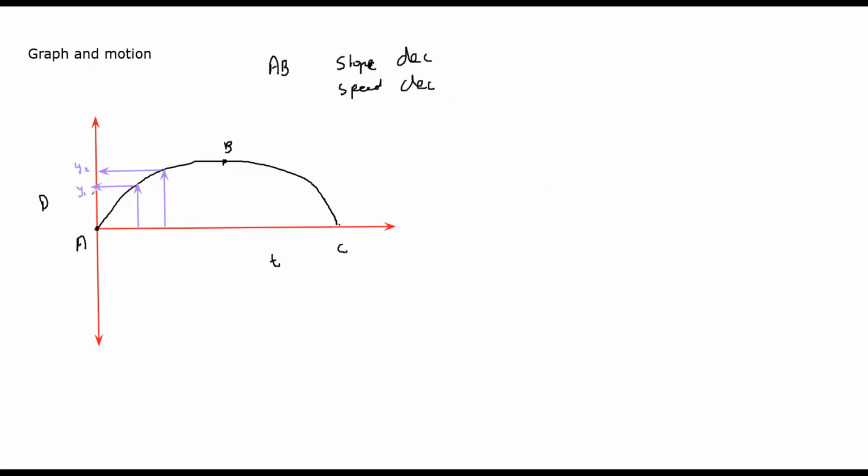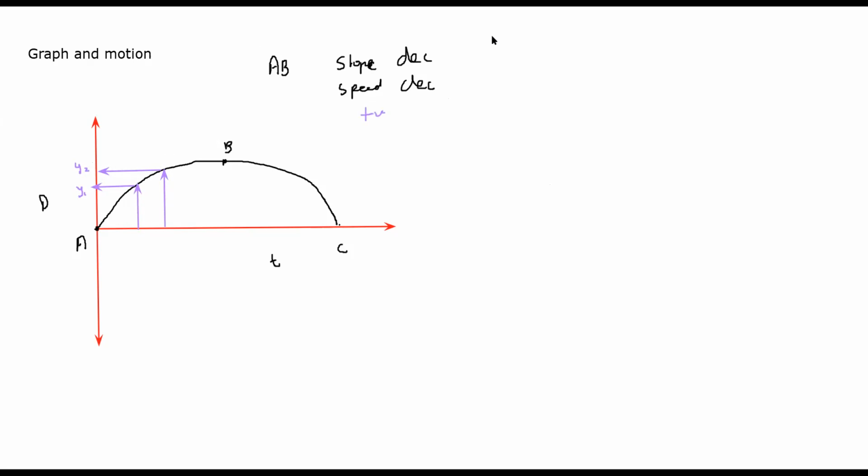So if y2 is above y1, it shows that it is a positive value for the slope.